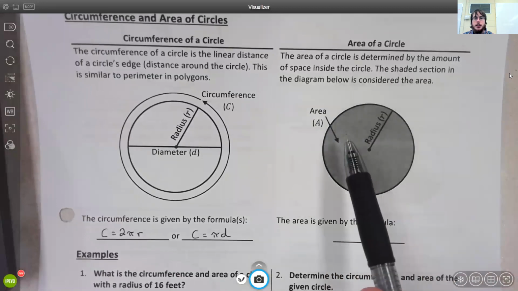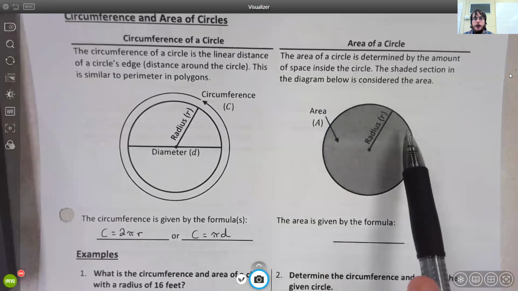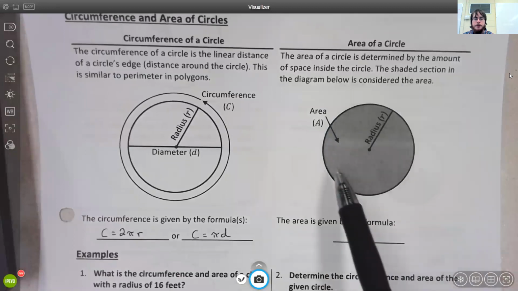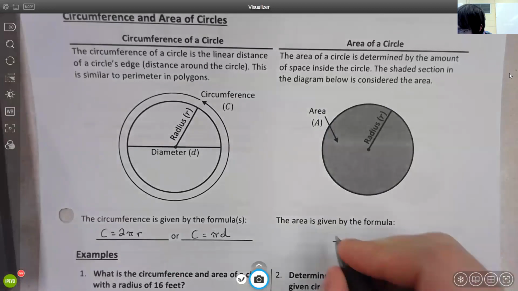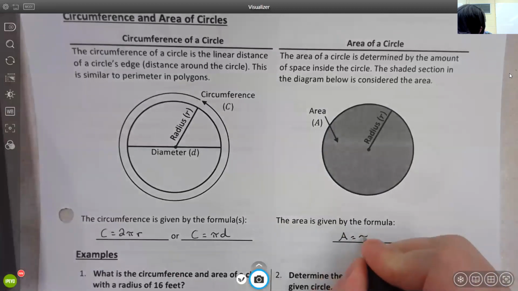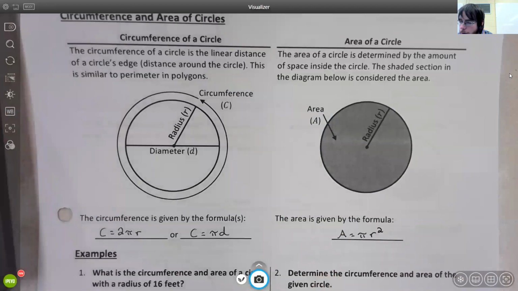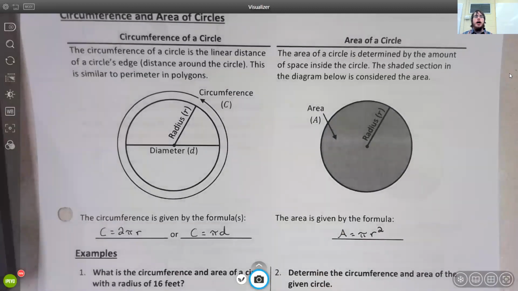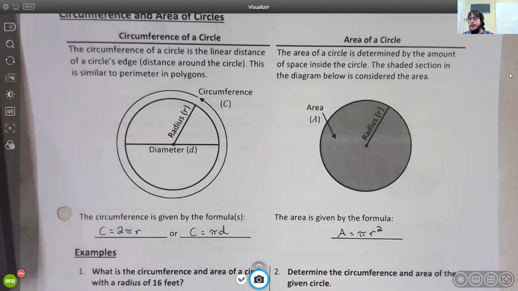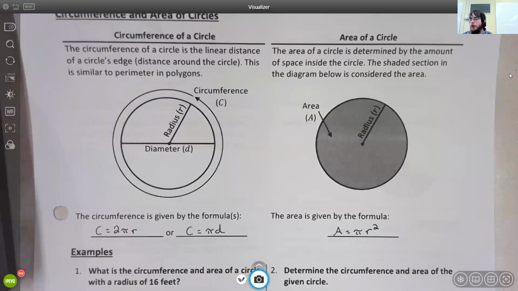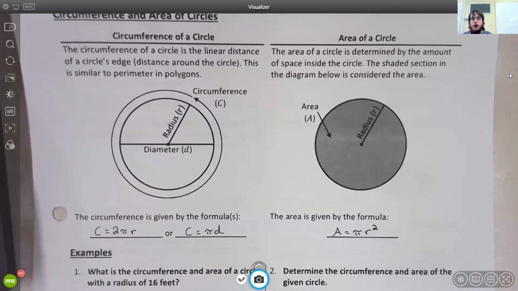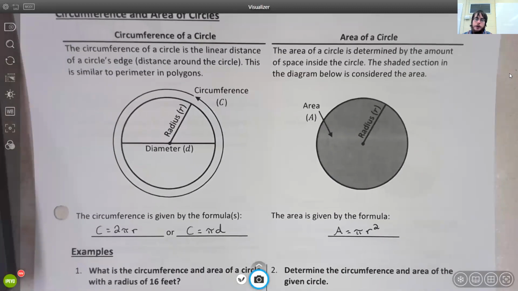The shaded section in the diagram below is the area, so it's this entire thing. The area is given by the formula A equals pi r squared. While we could make an equivalent that has d squared instead of r squared, the much simpler formula is pi r squared. That's the one you've heard of in previous classes.